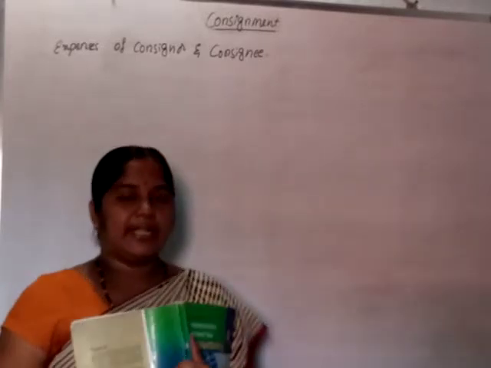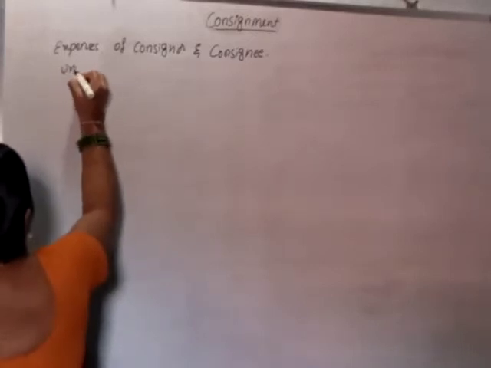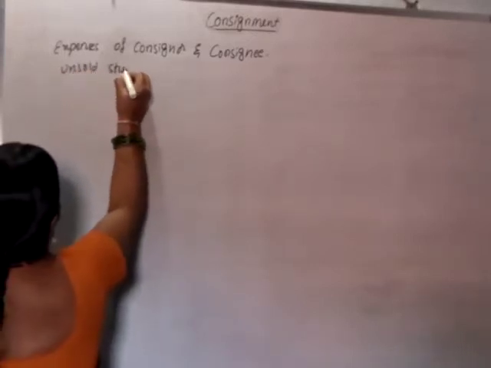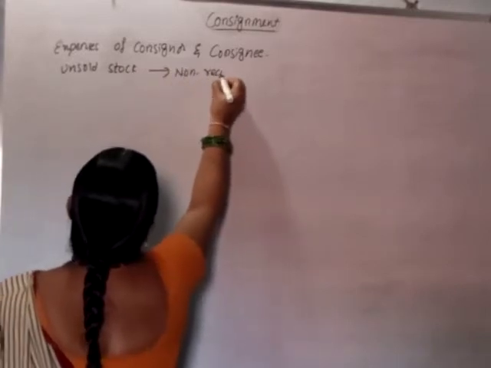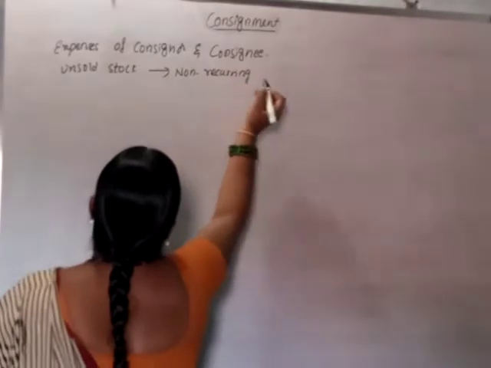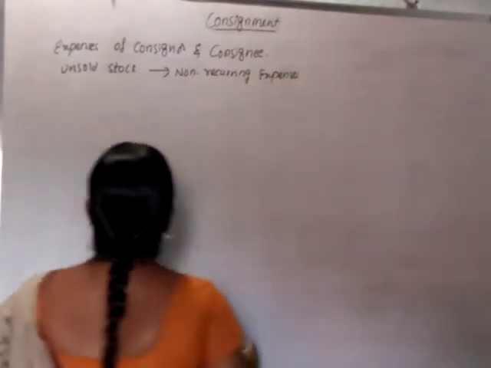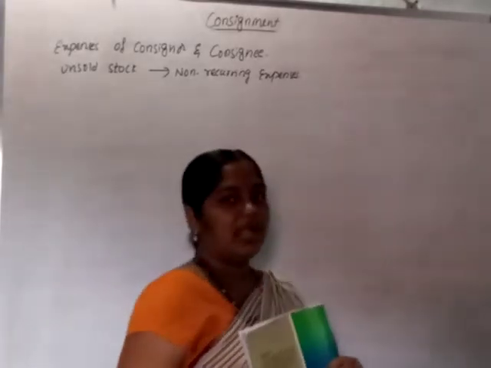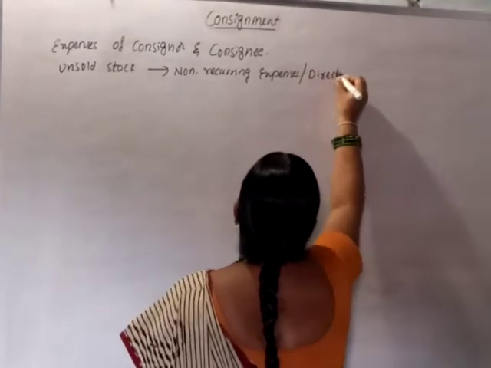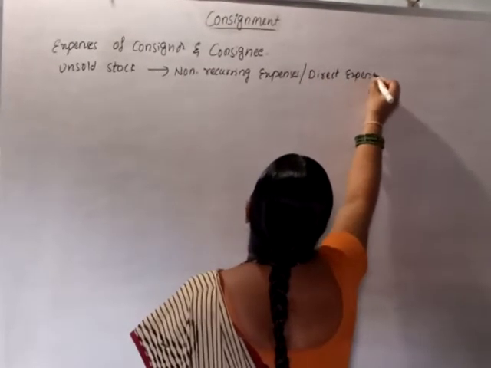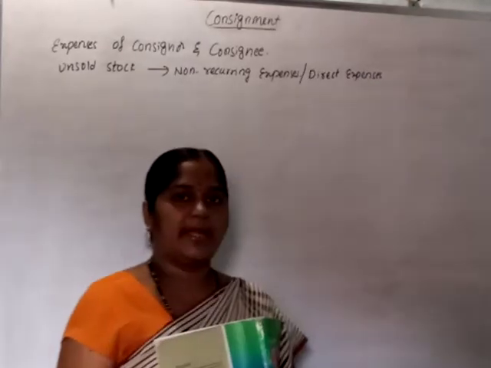So when we calculate the unsold stock, which type of expenditures do we consider? Non-recurring expenditures only, for both the consignor and the consignee. Another name for non-recurring expenditure is direct expenditure.